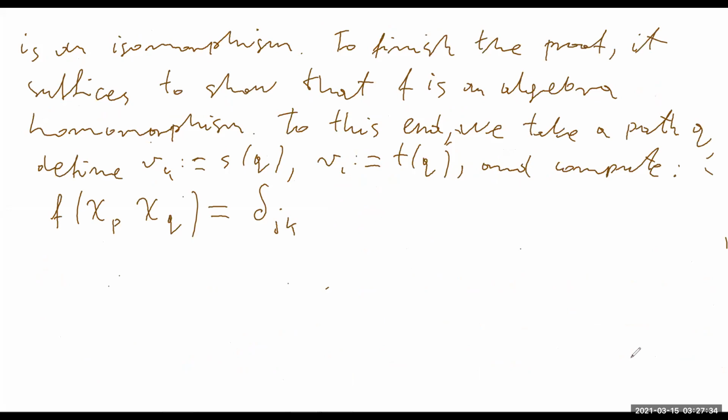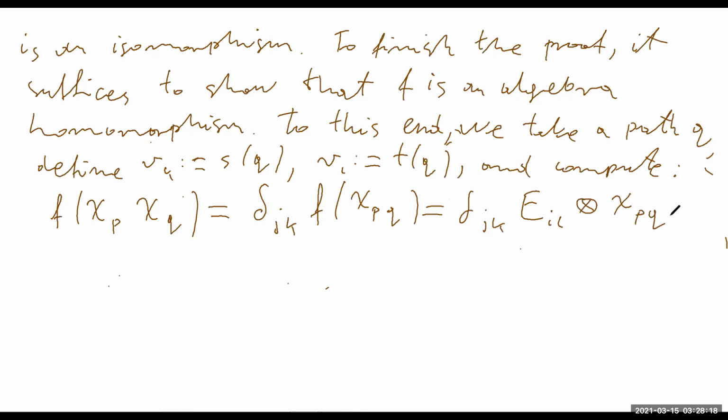So I write this Kronecker delta here, and now I can write f of chi PQ. And now I can apply this formula. So remember that the path PQ begins where path P begins, which means Vi, and it ends where the path Q ends, which means Vl. So by our formula, we know that this is equal to delta jk, which I just rewrite, but here I write the elementary matrix E il tensored with chi PQ.